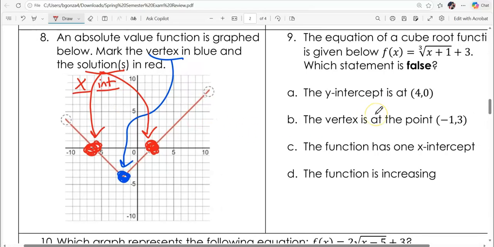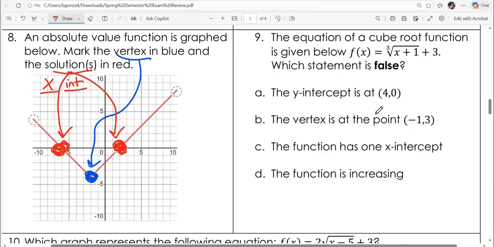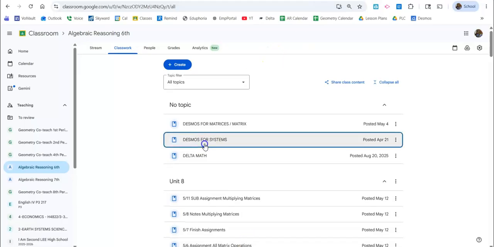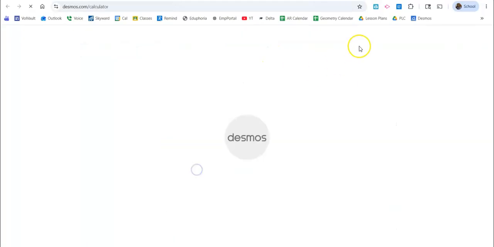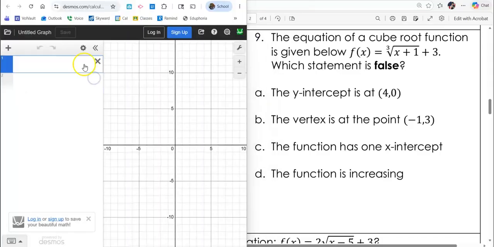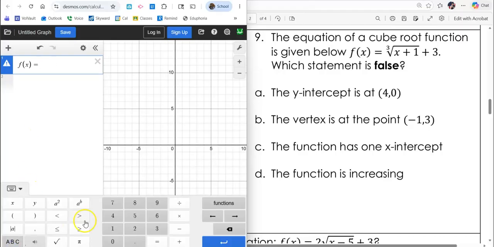The equation of a cube root function is below, which is false. Now, if I were to graph that, f of x equals cube root of x plus 1, and then plus 3 after that.